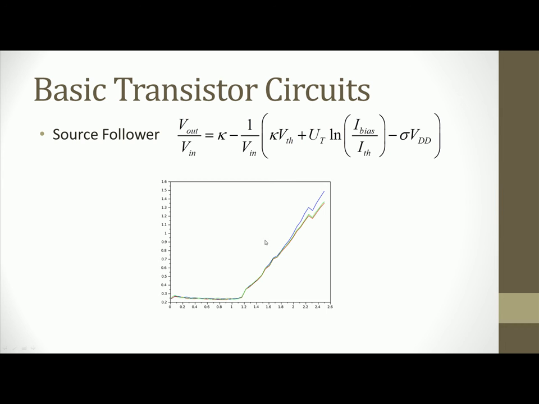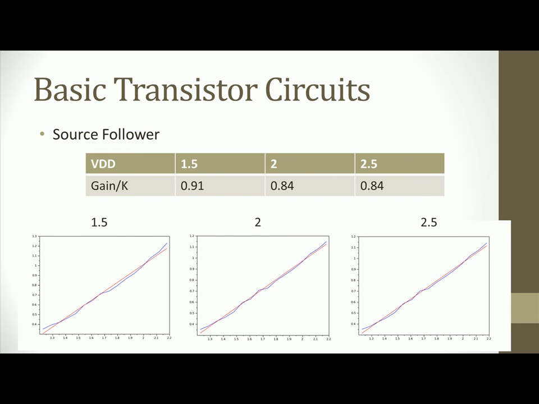The variation of the voltage of drain doesn't affect much. We have a linear gain of like 0.91 to 0.884, which is a very close number.